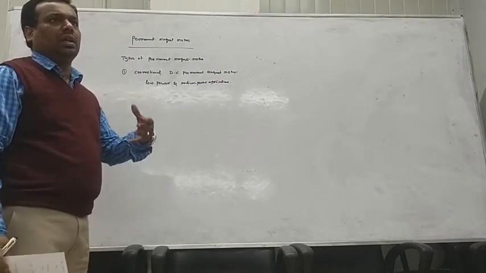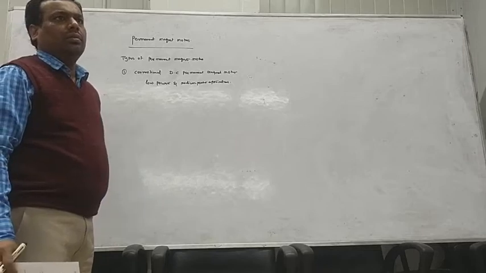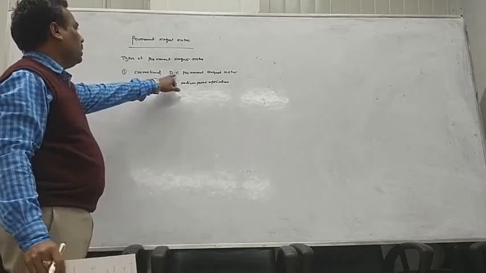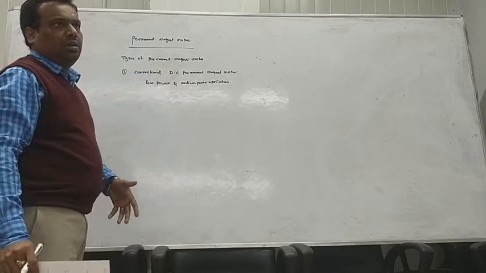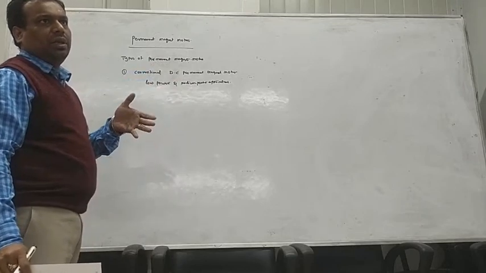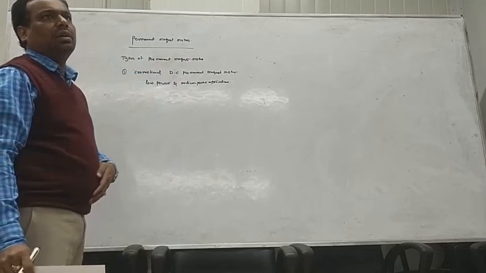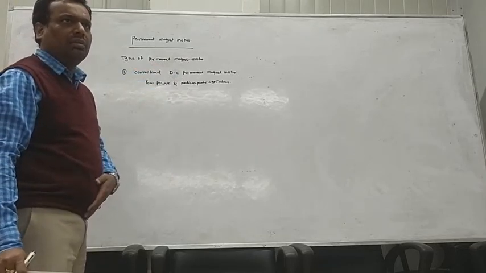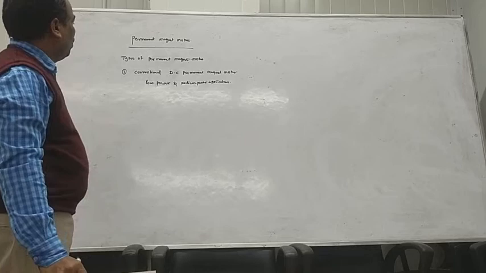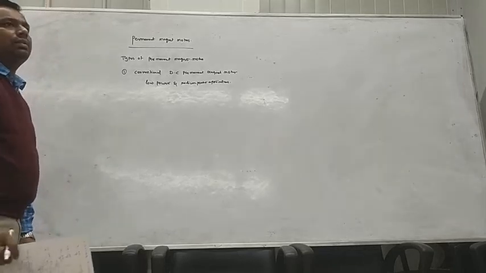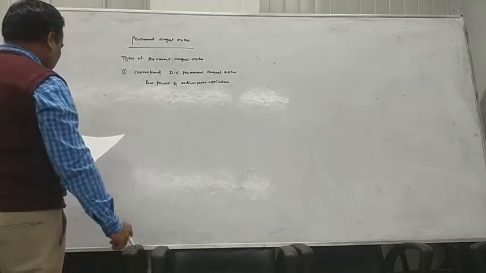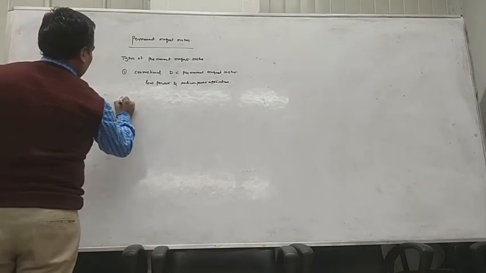So the conventional DC permanent magnet motor can be used only for low and medium power applications. And the second one is the brushless DC motor or permanent magnet synchronous motor.